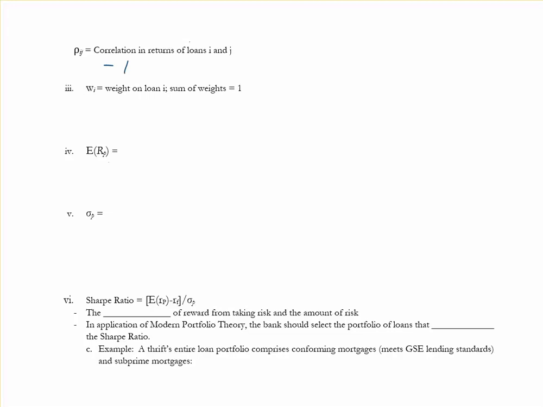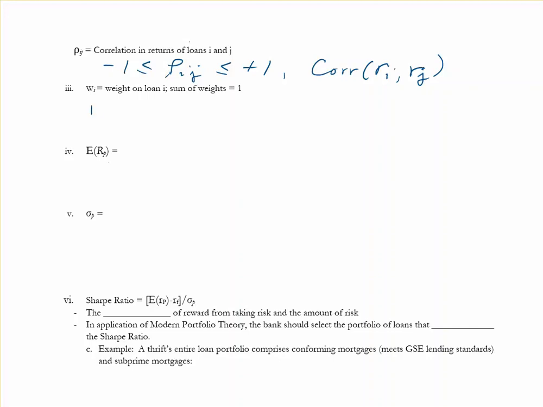Now, one feature to recall about correlation is that it is mathematically not possible to be outside of this bound of -1 and +1. Also, it's helpful to remember that we can write the correlation, instead of the Greek letter rho, as cor, and it's the correlation of these two returns.